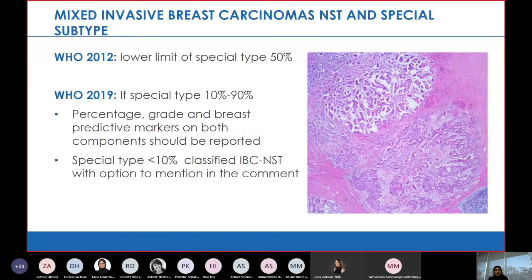And we have to record the percentage, the grade, and the breast predictive markers for both components in the report. Now, if you have the special type at less than 10%, then they still give the option that you can mention that in the comment or in the microscopic description.